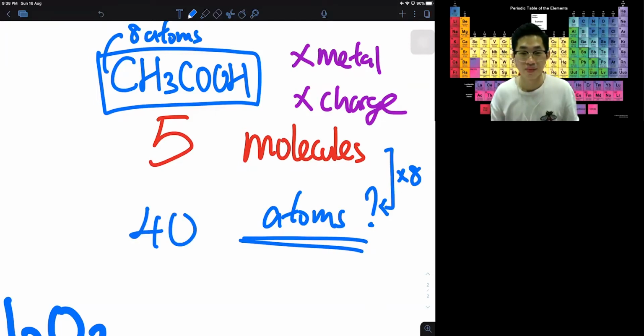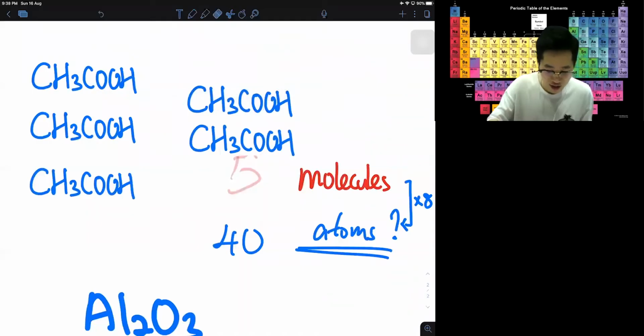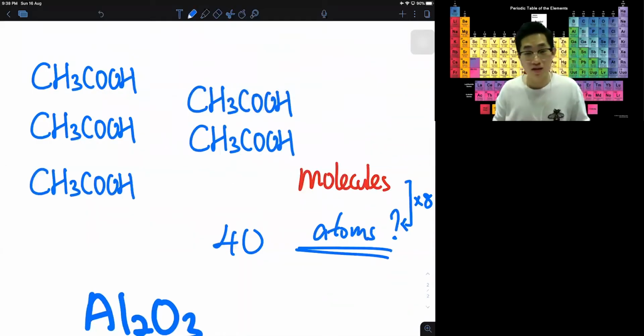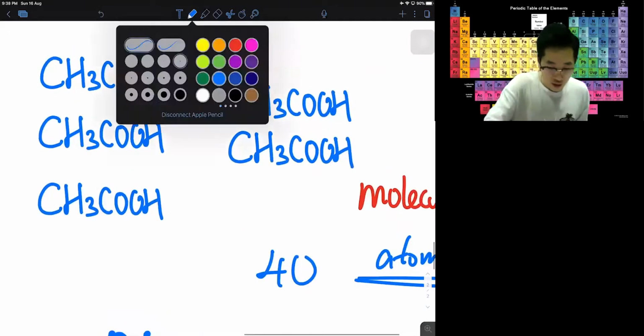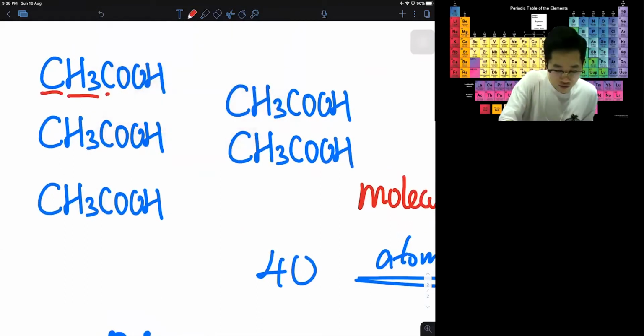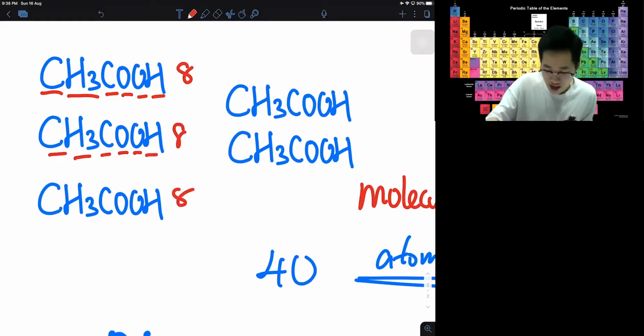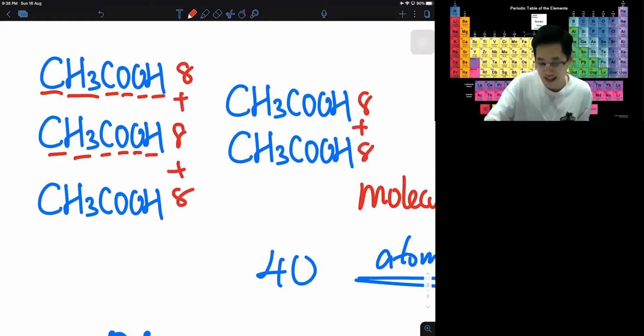It's like you have to draw apples. 1, 2, 3, 4, 5. Now got 5 formulas. You count, got 8 each. 8 plus 8 plus 8 plus 8 plus 8.